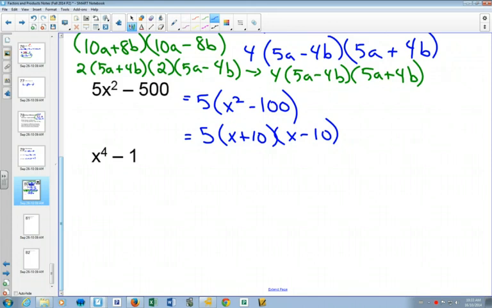Is x to the 4 a difference of squares? Yes. Because what times what is x to the 4? x squared times x squared is x to the 4. So we'd have x squared and x squared, 1 and 1.